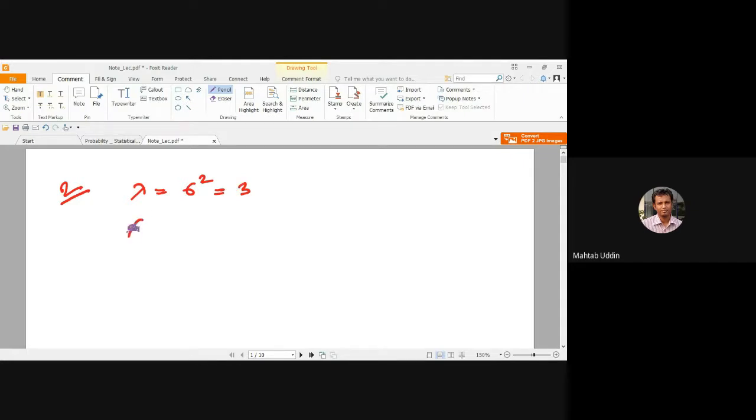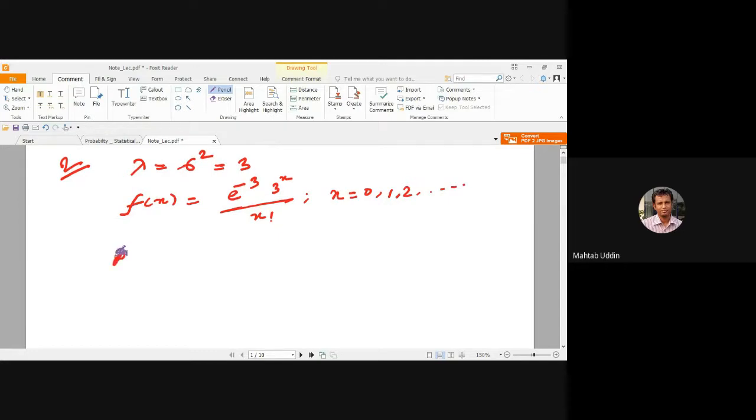Then f(x) is e to the power minus 3, 3 to the power x by x factorial, where x equals 0, 1, 2, and so on. Then P of x equal to 2 is e to the power minus 3, 3 squared by 2 factorial. After simplifying, you will get 0.224.